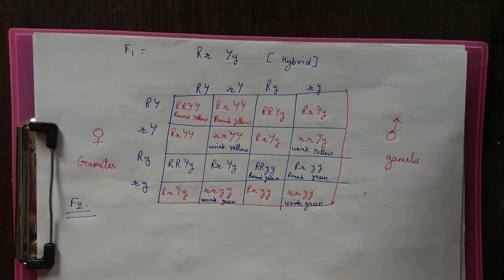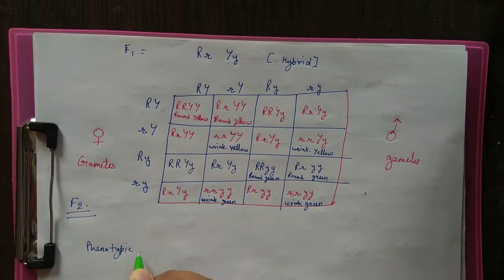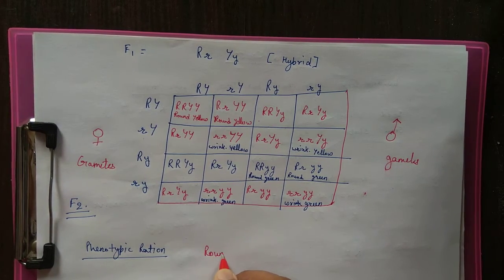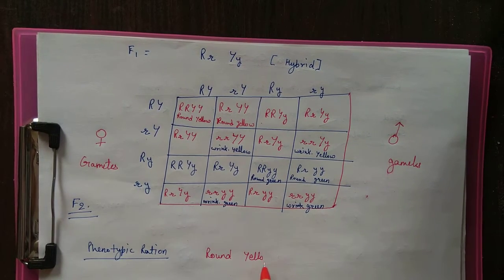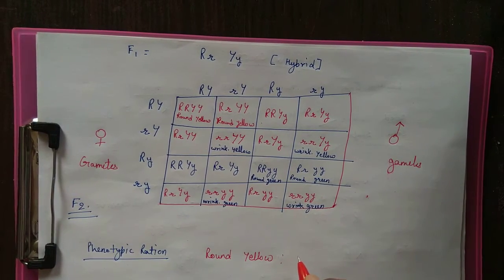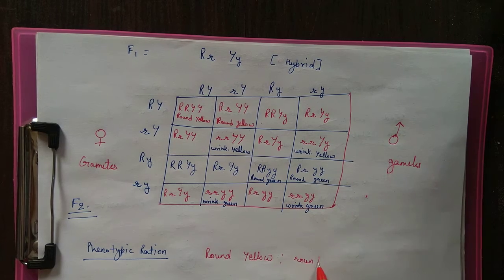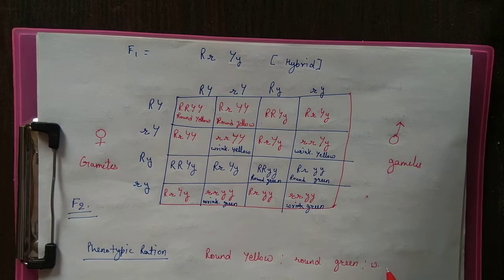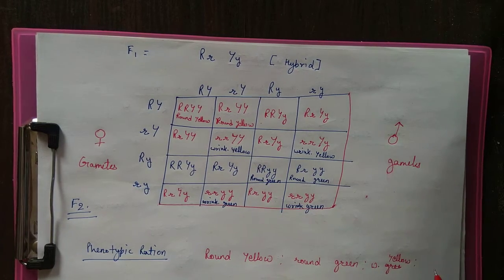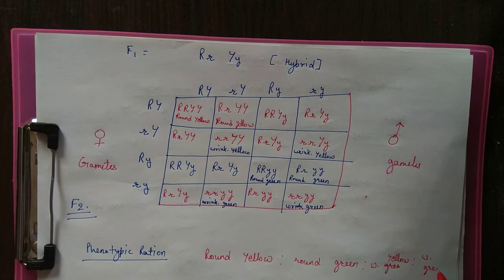If we go into the phenotypic ratio, first we identify the round yellow, then round green, then wrinkle yellow, and then wrinkle green.